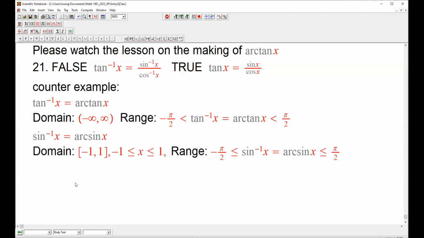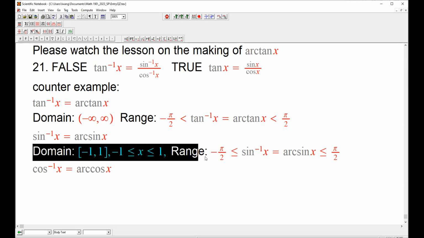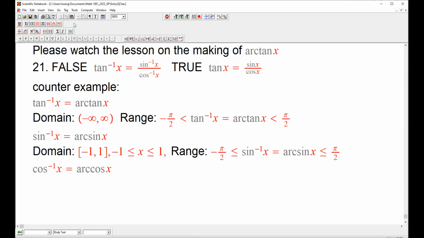Okay. Now let's look at arccosine. The domain is the same as arcsine.